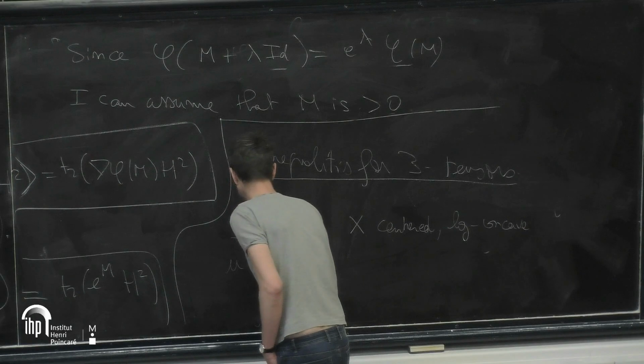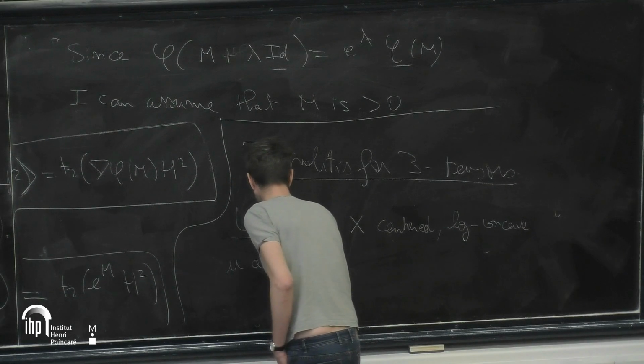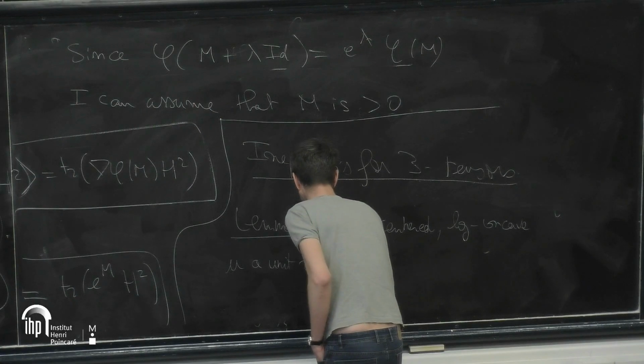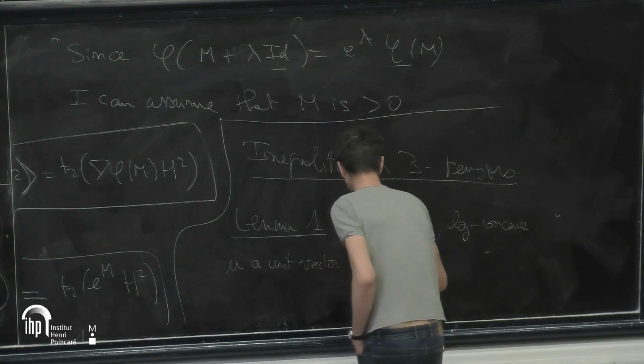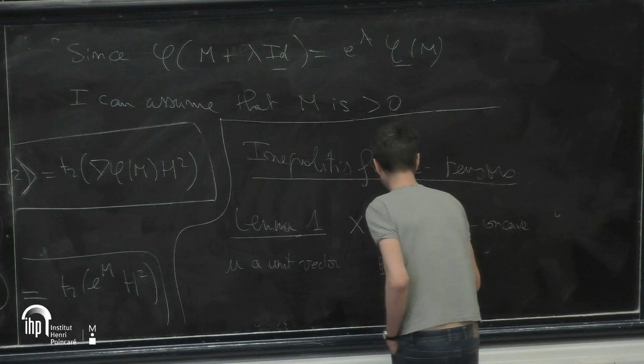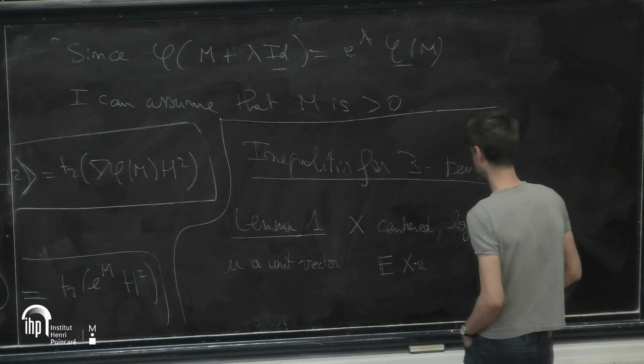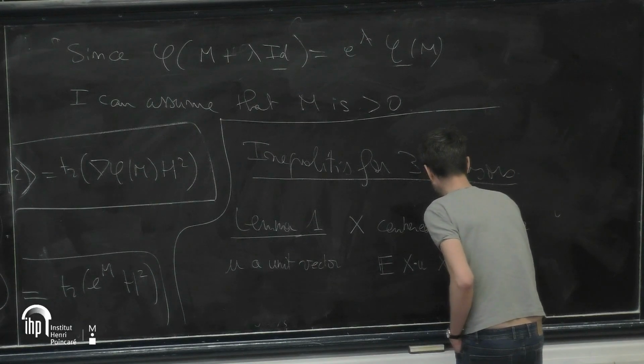Let u be a unit vector, deterministic. Now, the kind of thing that I want to control is the norm of E[(x dot u) x tensor x].